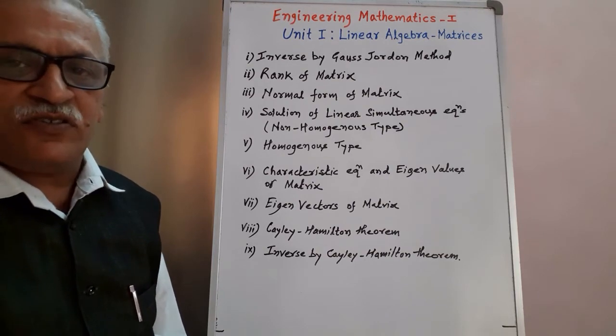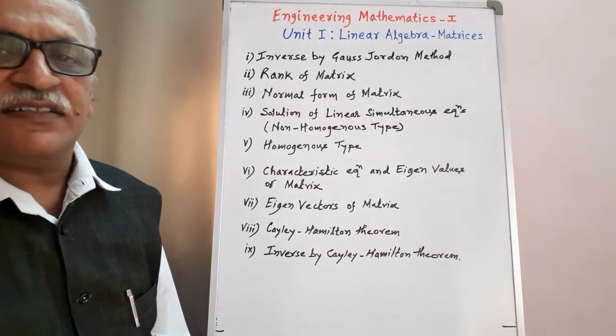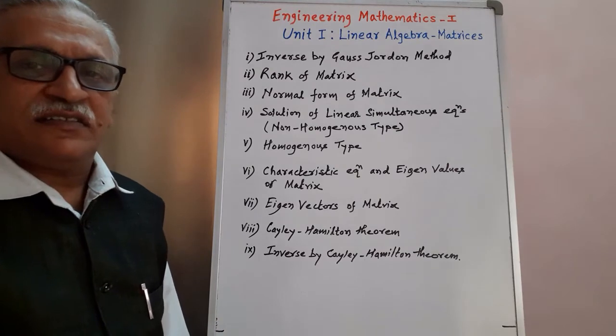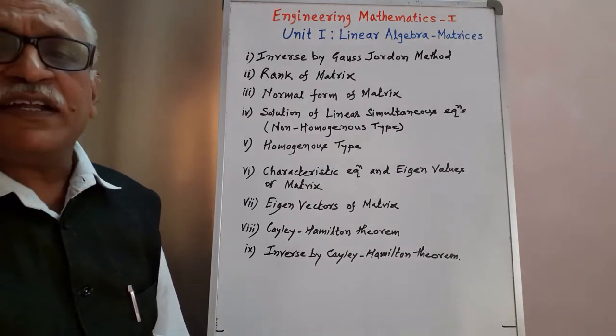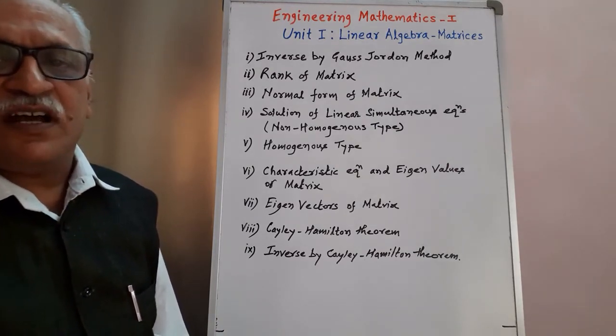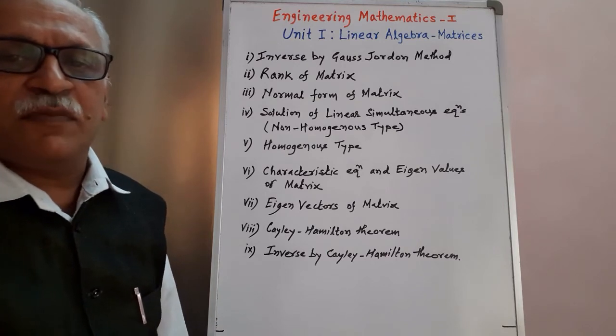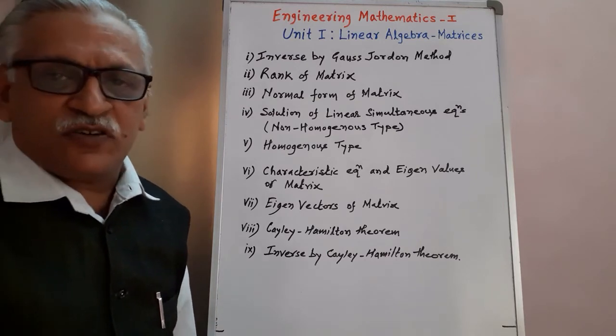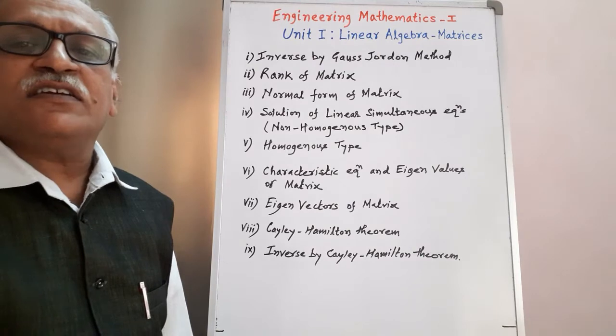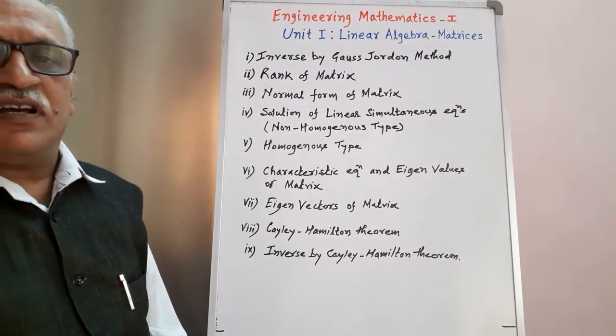All these types you have to revise, and elementary transformations. There are two types of elementary transformation: elementary row transformation and elementary column transformation.